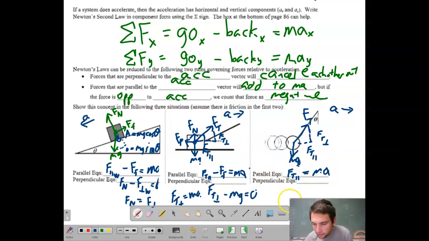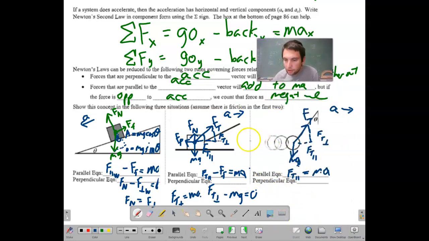And then in the perpendicular, we have stuff that makes it go, so we'll say up, Ft perpendicular equals mg. If we do stuff that makes it go minus stuff that holds it back equals 0, then we solve for mg, we get this equation. So that's it for those test your understandings. Let's press on.